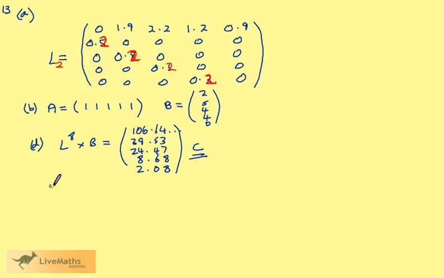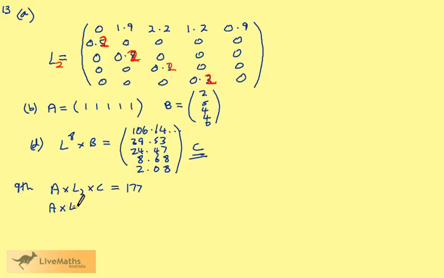If I do A times L2 times C, that will give me the total population at the end of the 9th year, 1 year on from the 8th year. That's 177.